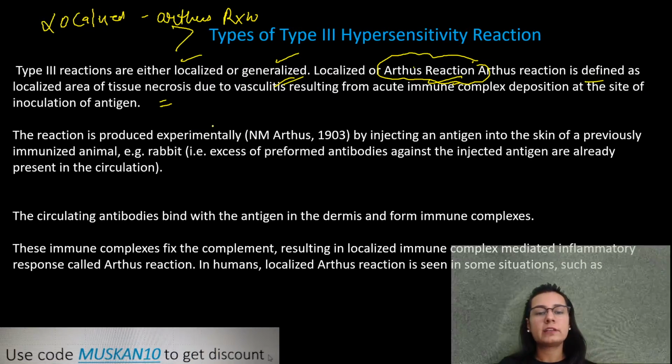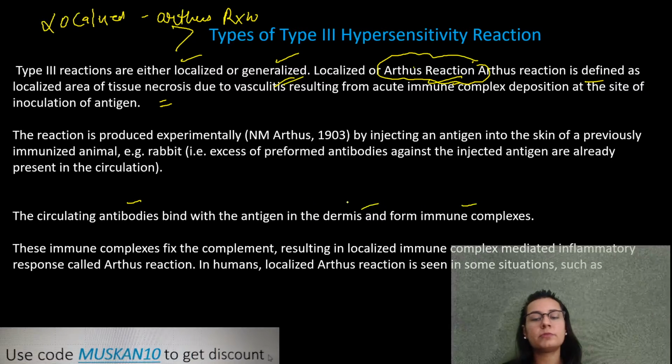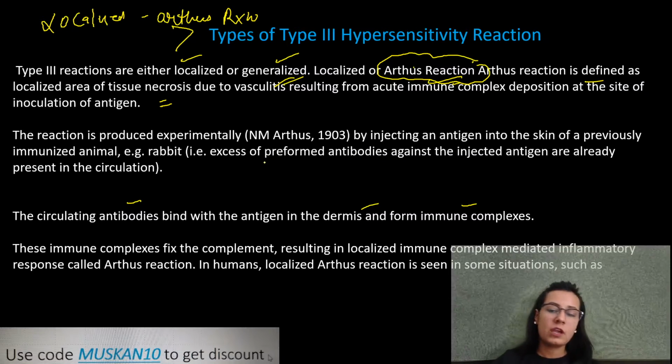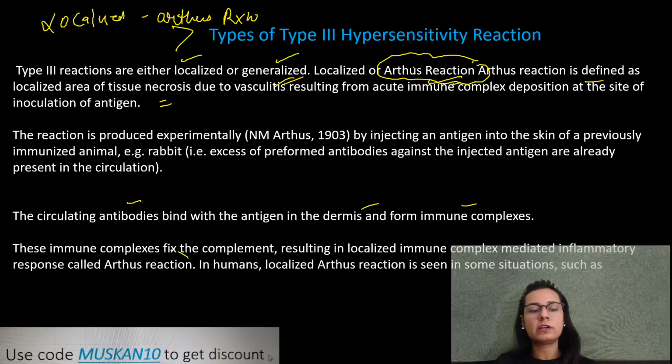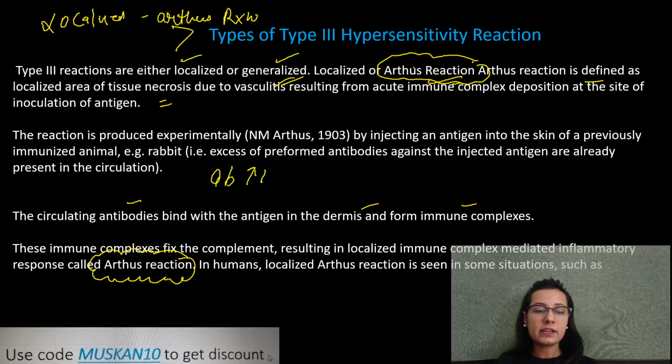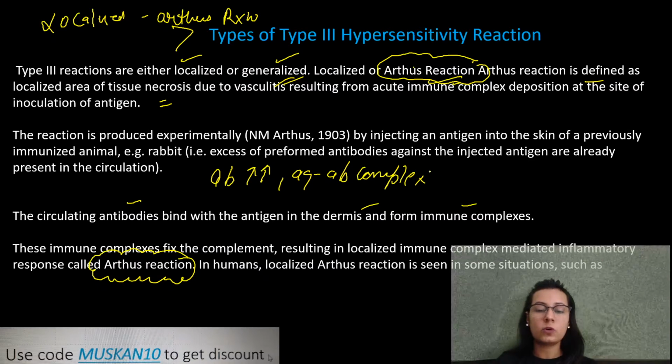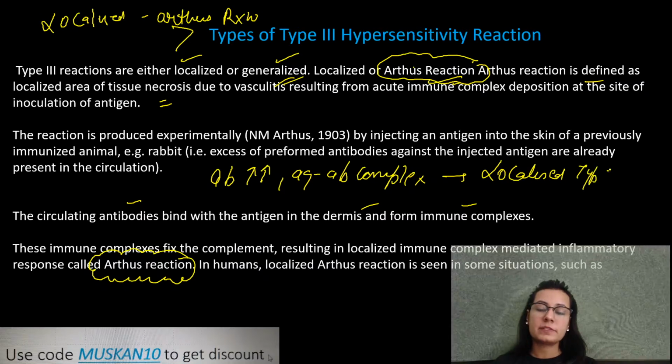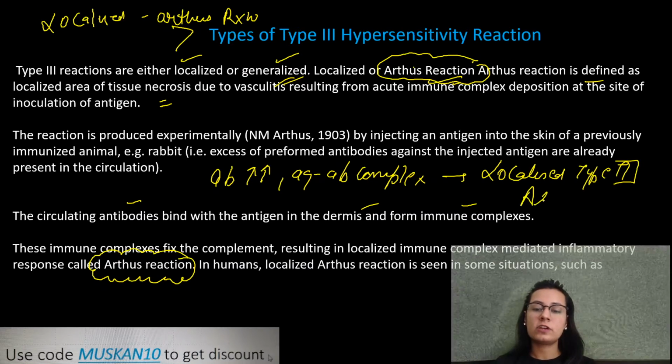The reaction is produced experimentally by injecting the antigen into the skin, and circulating antibodies bind with the antigen in the dermis to form the immune complex. These immune complexes fix the complement, resulting in a localized immune complex mediated inflammatory response called the Arthus reaction. So if antibody is in excess or the antigen-antibody complex is large, it will give a localized type 3 hypersensitivity reaction, and this is called the Arthus reaction.